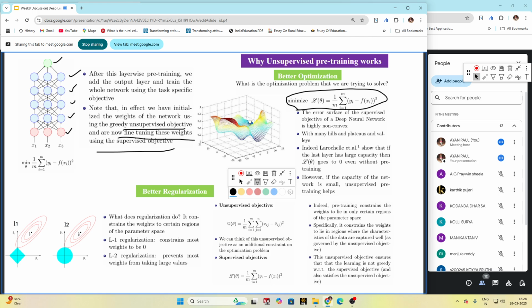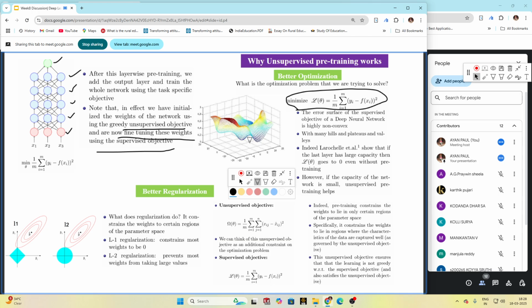Earlier, when we were not doing unsupervised pre-training, we initialized our weights in such a way that even after many epochs or iterations we were not reaching the global minimum. That was our problem.